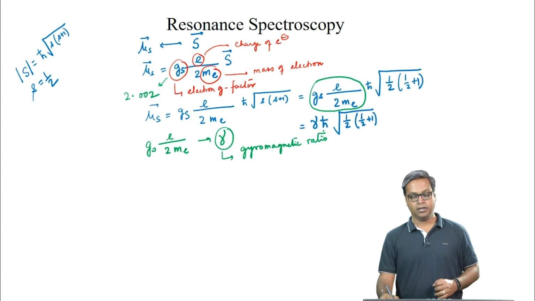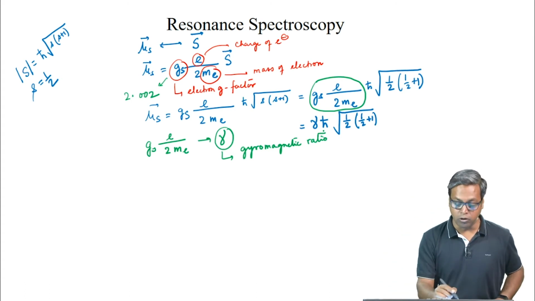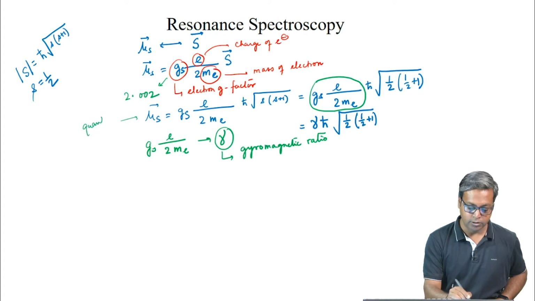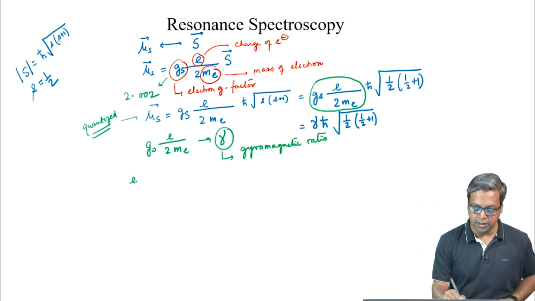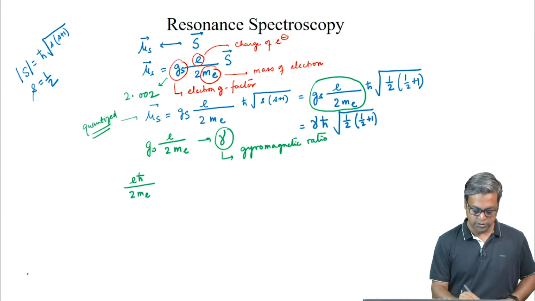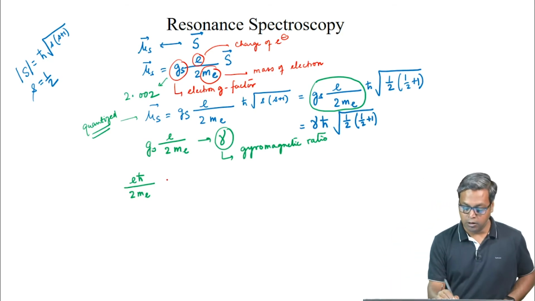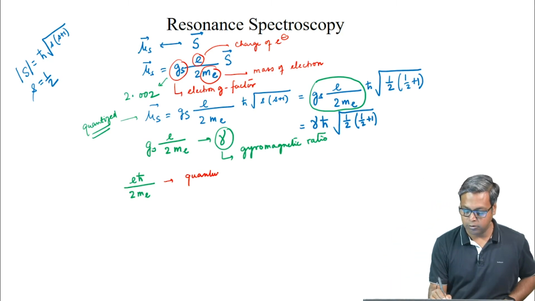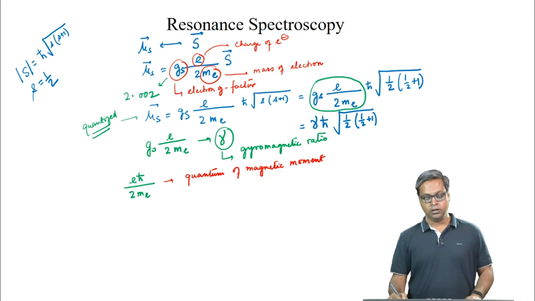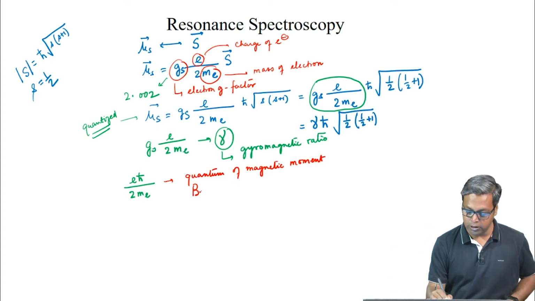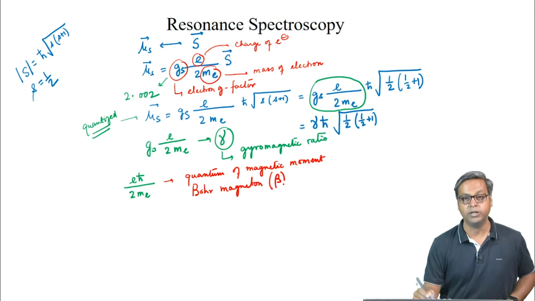So, we can see that this mu s is also quantized, and the quantity e h cross divided by 2 m e is known as the quantum of magnetic moment, and it is also known as Bohr magneton, which is denoted by beta.